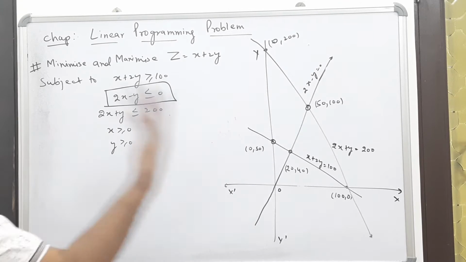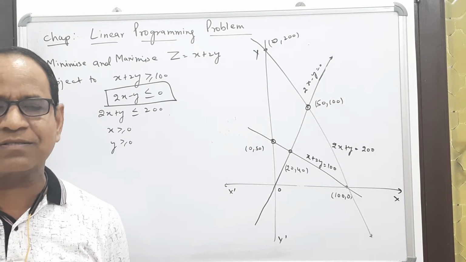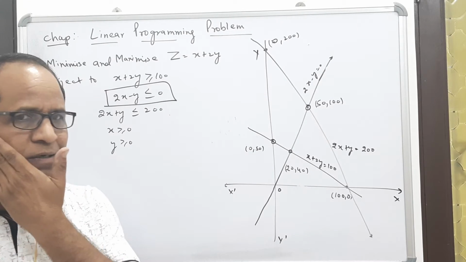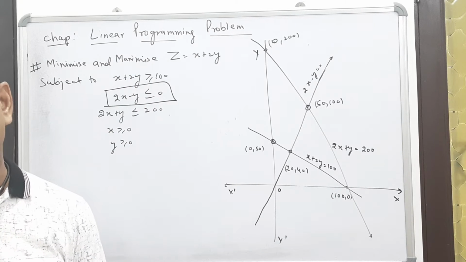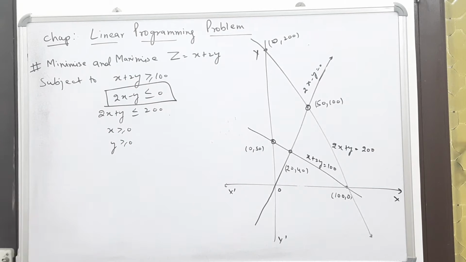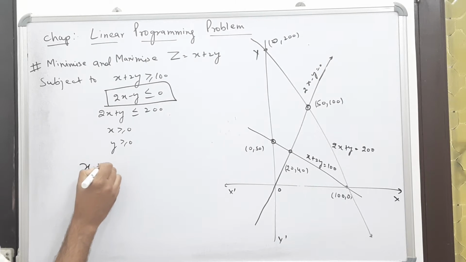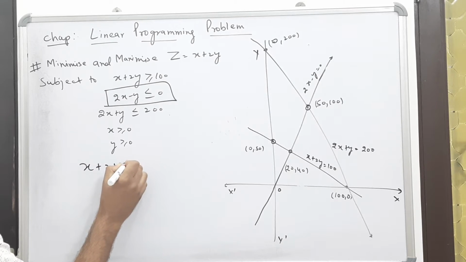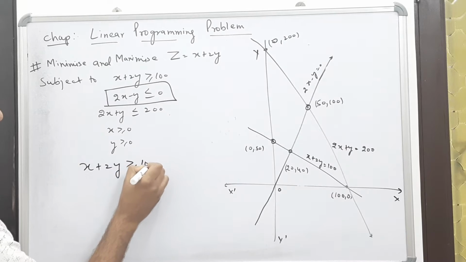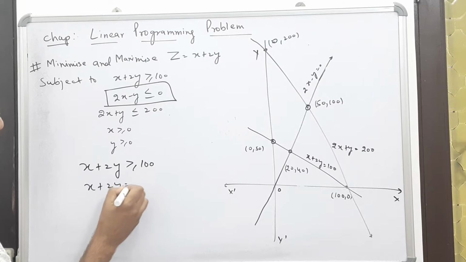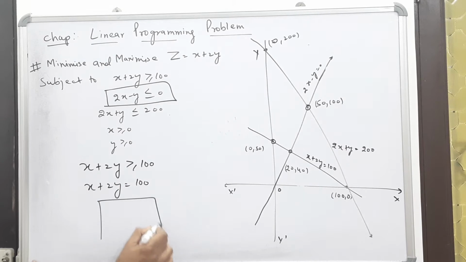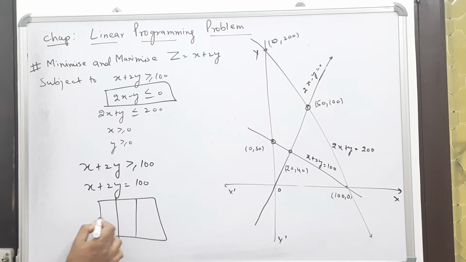Now, as you have studied in 11th class, we will draw the graph of the linear inequalities one by one. I am taking the first one, x plus 2y is greater than or equal to 100. For that, we draw the graph of x plus 2y equals 100. We make a table of x and y.